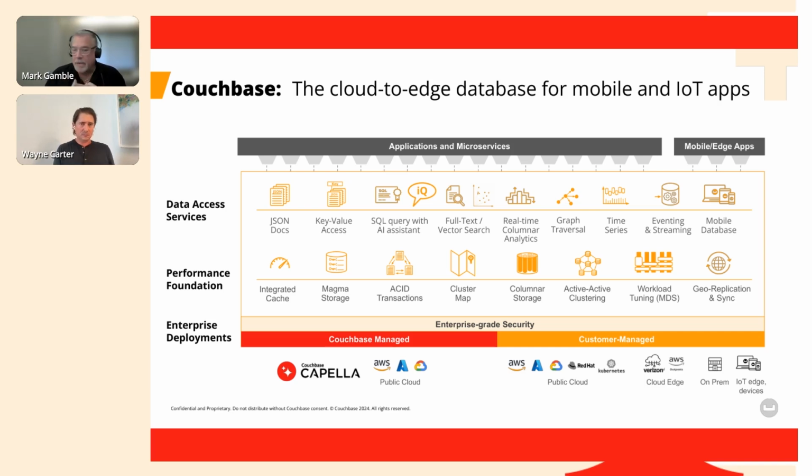And then on top of that, we add support for vector search from cloud to edge, full text search, eventing, columnar analytics. We're container friendly. And we have, of course, mobile sync, which we'll be diving deeper into. But these are all data access patterns that customers typically would have to knit together from disparate technologies, but not with Couchbase. We combine it in one platform.